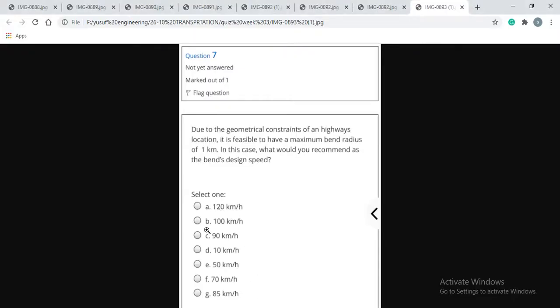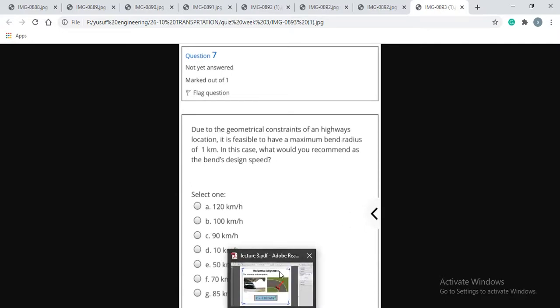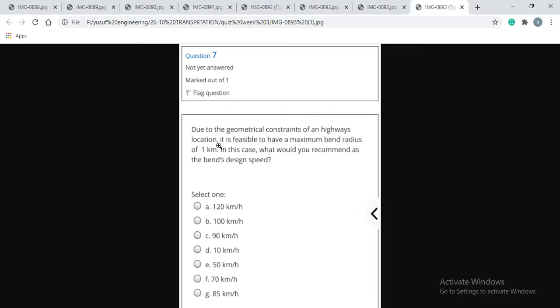So 118.93 is approximately 119, but not 120, kilometer per hour.